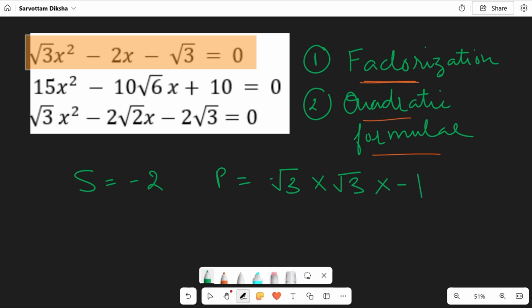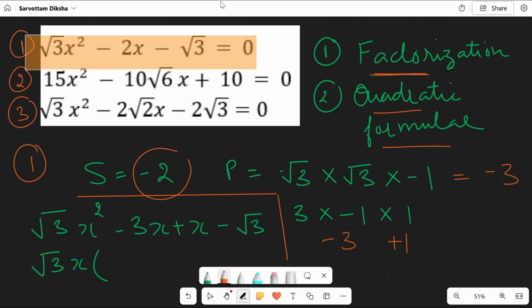Take minus 1 separately, so basically 3 into minus 1. And take one of the factors as 1 also. Sometimes it helps you. Here in this equation, I will use minus 3 and 1, because when I add them I get minus 2 and when I multiply them I get minus 3. So I have to split it as minus 3 and 1.